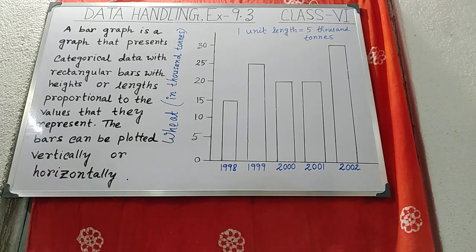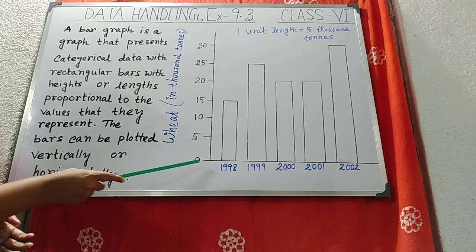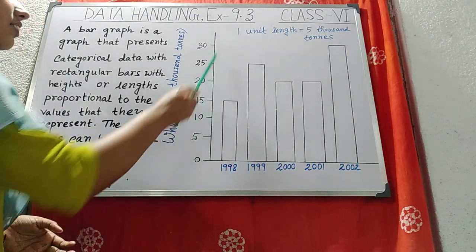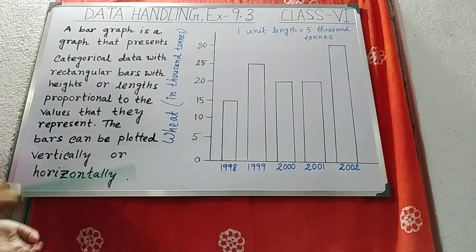Okay. So before going to start, let us know how to read bars. Here, if you observe carefully, this line is called the horizontal line and this line is called the vertical line. I am repeating again.